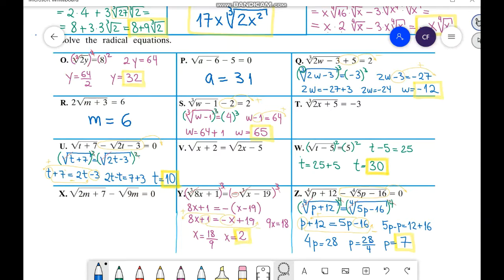Letter T, x equals negative 16. And V, x equals 7. And X, m equals 1. Okay, and just type the numbers. I try to make things a bit easier for you, so just type the numbers, don't type x equals or something like that, just the numbers.